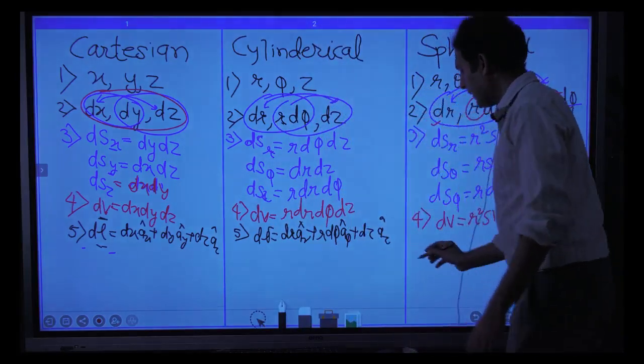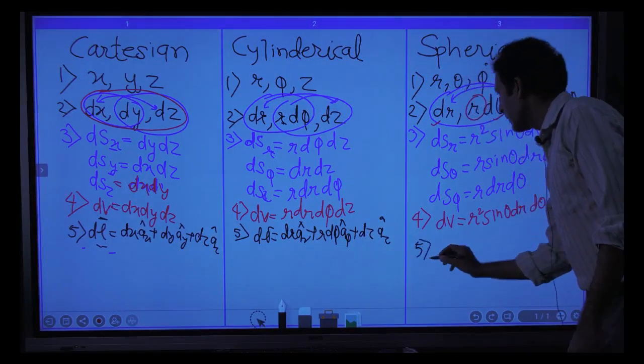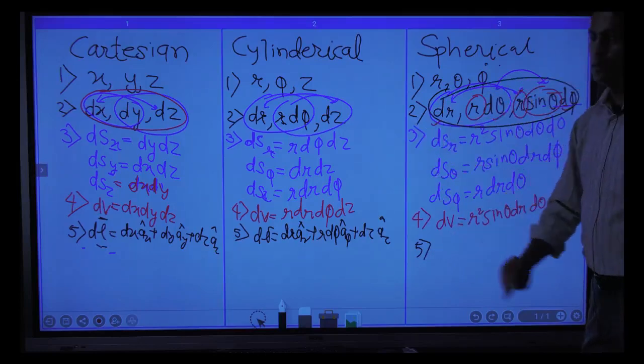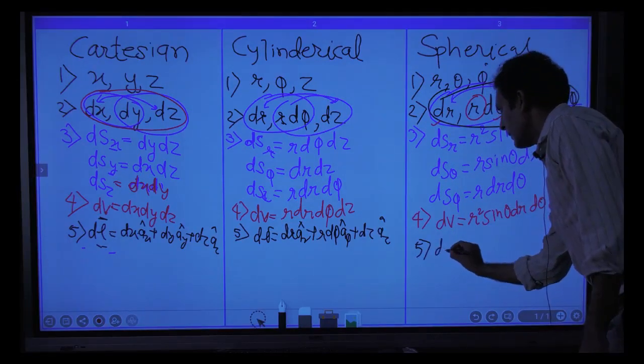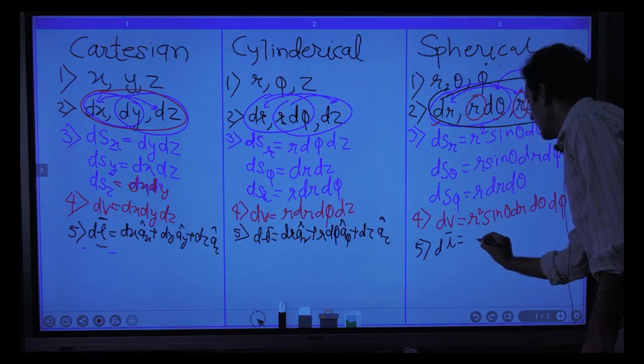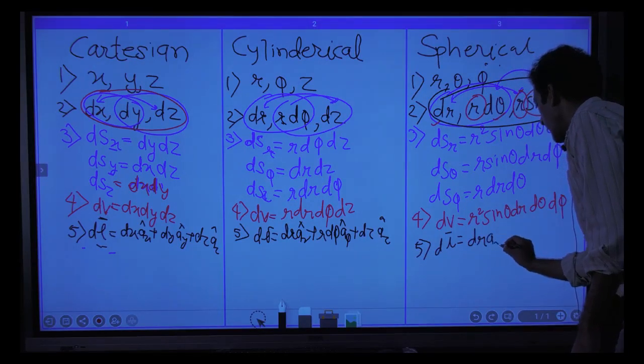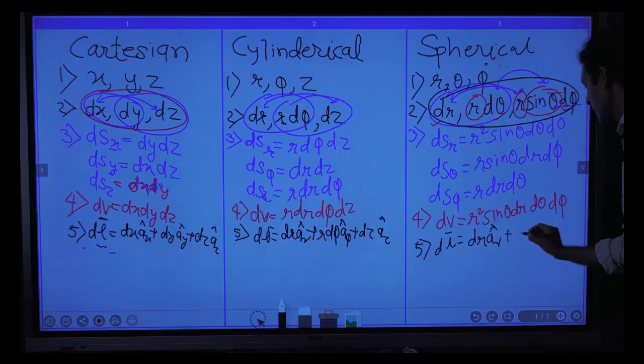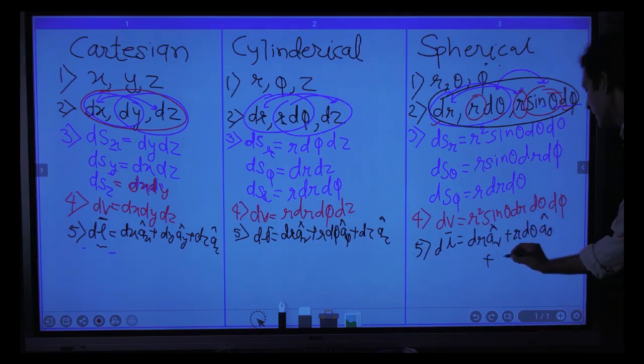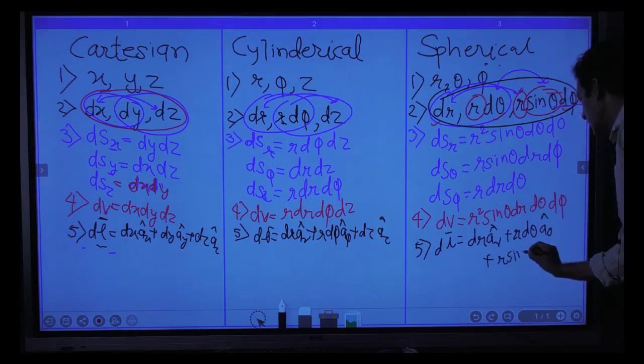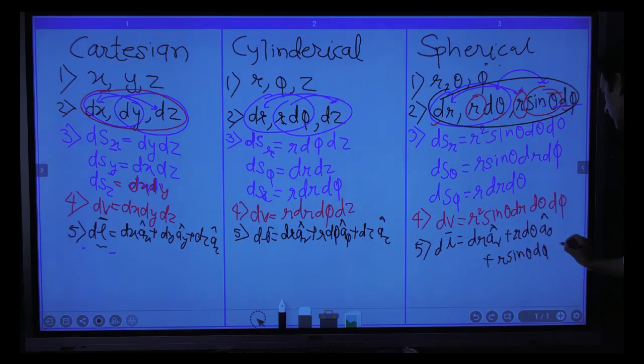And the same way for spherical, the addition of these three: dl bar will be equal to dr a_r cap plus r dθ a_θ cap plus r sinθ dφ a_φ cap. So this is the comparison of the three coordinate systems.